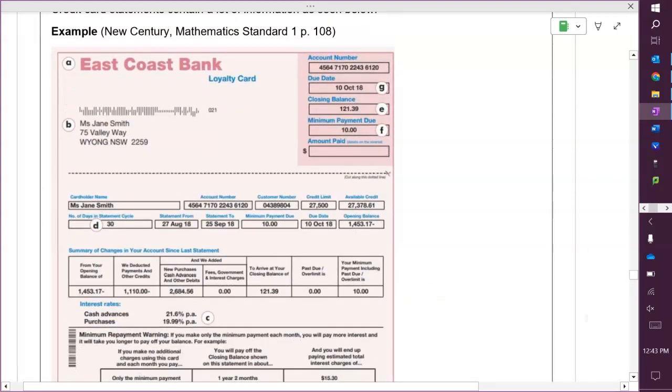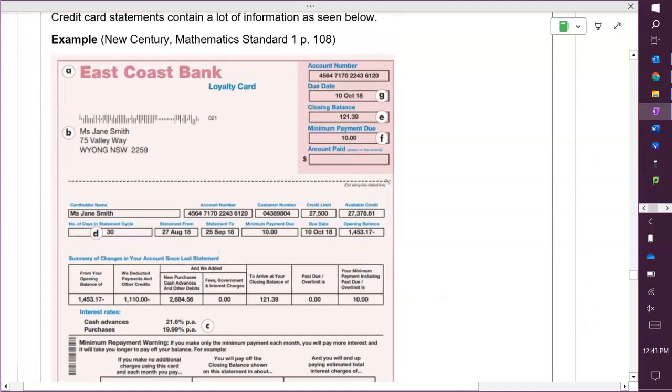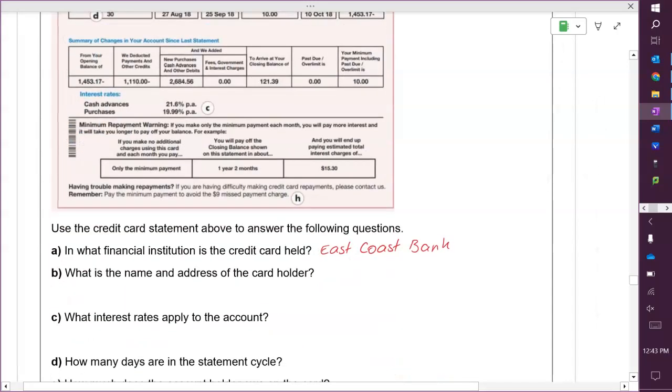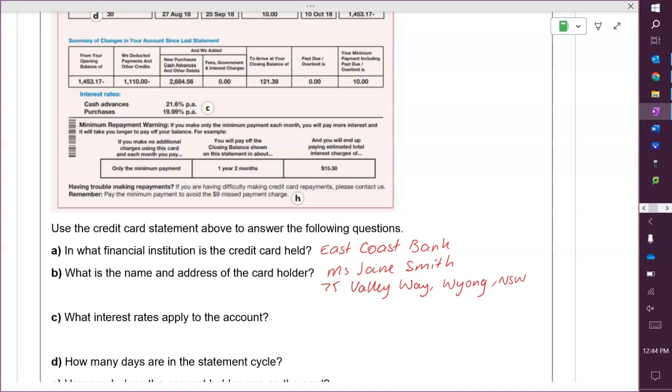If we come back up here, we can see just here is the name and address. If we fill that information in, we have Jane Smith, 75 Valley Way, Wyong, New South Wales, 2259.